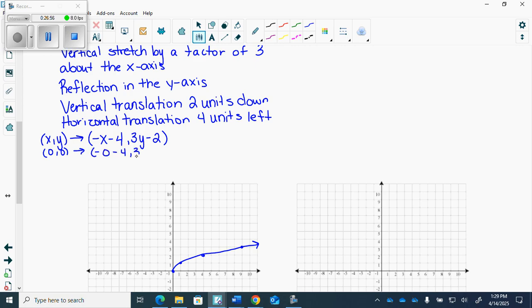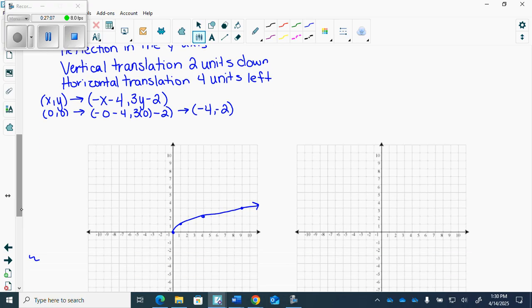Because multiplying, which is the stretch and the reflect, doesn't do anything. So my new point is at negative 4, negative 2. Then I use 1, 1. It becomes negative 1 minus 4, comma 3 times 1 minus 2. So negative 5, 1.